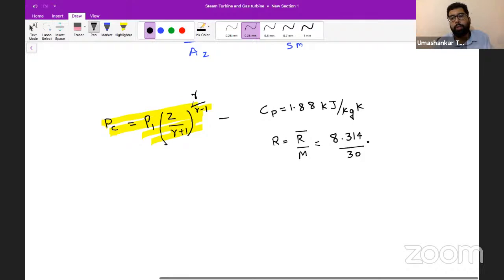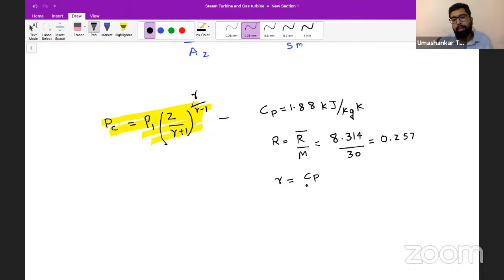So this is 8.314 by 30. What is the value of R for ethane? Can somebody tell me? So then you are telling me 0.257. This is 0.257.